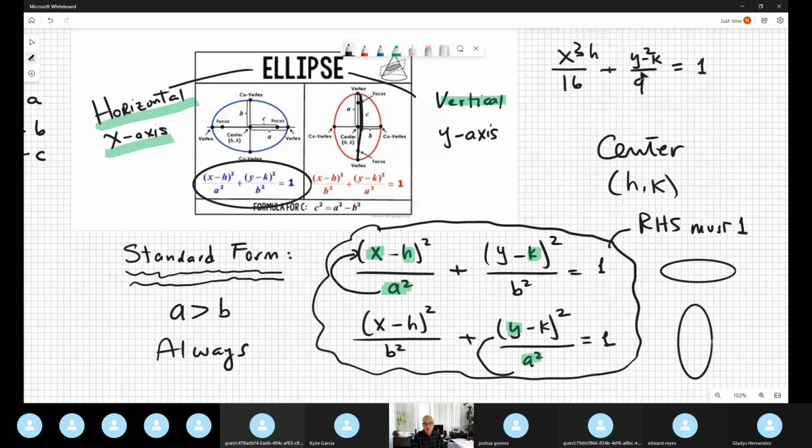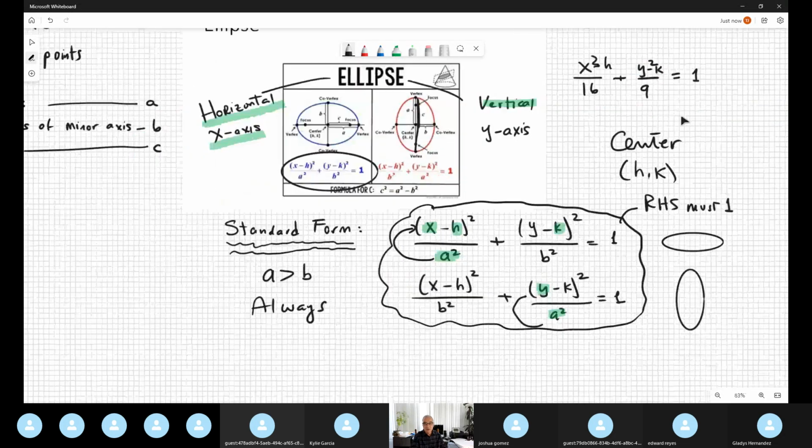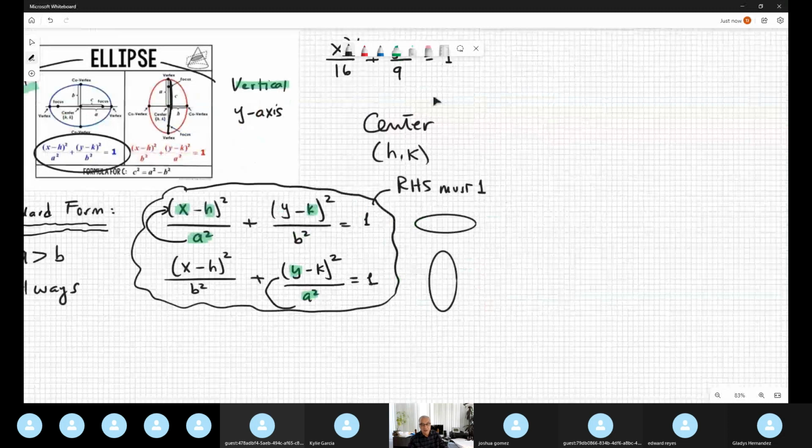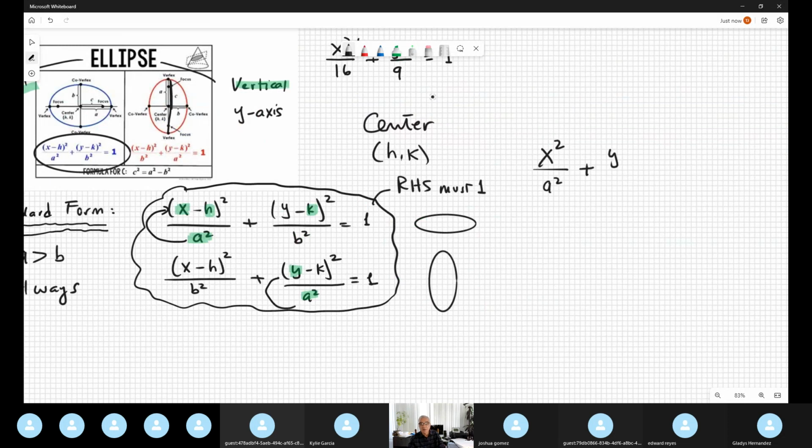However, it's very frequent to see examples in which the center is located at the point 0,0. So the equation is reduced like that: x squared over a squared plus y squared over b squared, or x squared over b squared plus y squared over a squared, sorry, equals 1. Okay, one more time. This is this, and this is that.